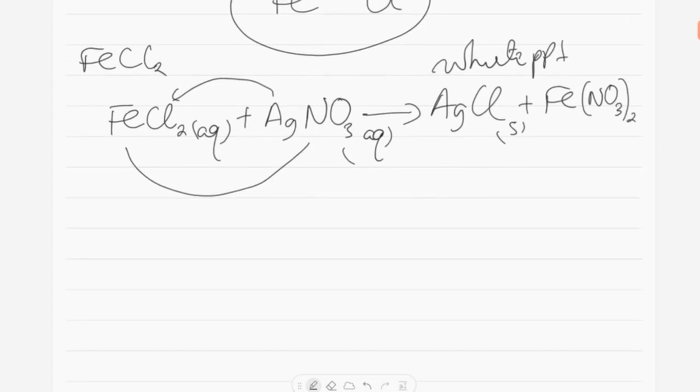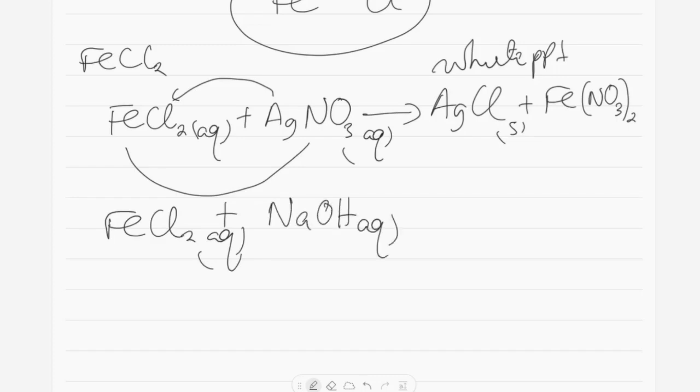Also, to this pale green solution, we've been told to add a few drops of aqueous sodium hydroxide. So we'll add sodium hydroxide. When that happens, we realize that there will be formation of iron 2 hydroxide.